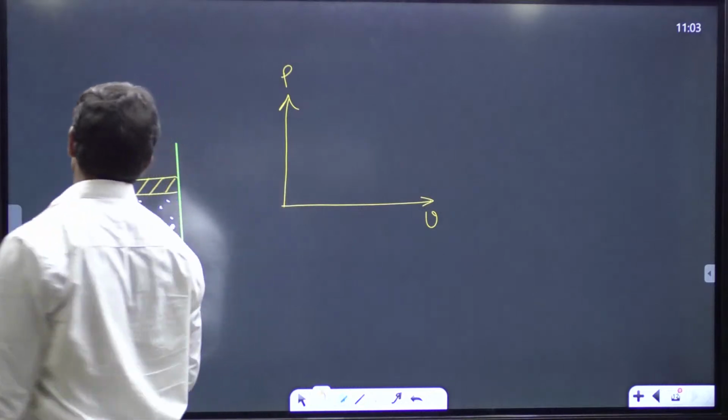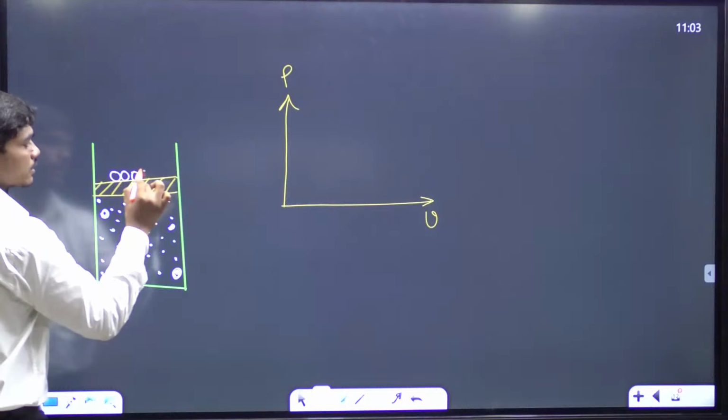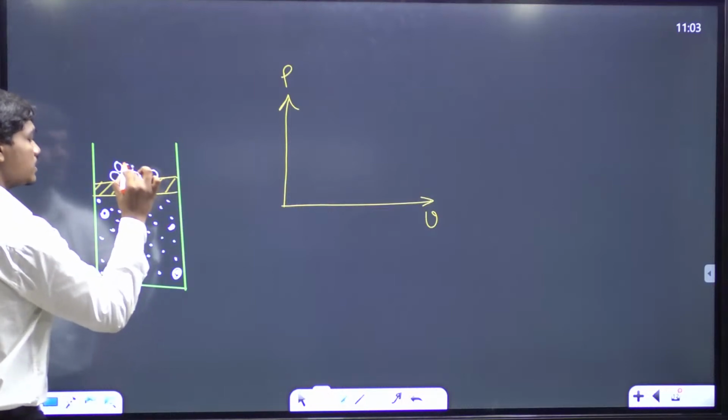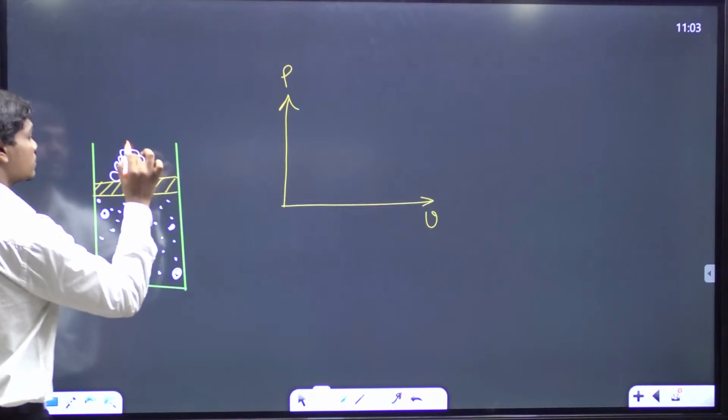Correct. So now let us suppose there are some jumps on this. Your jumps packet you will be getting. This is a small cylinder. So let us suppose there are some jumps on this.